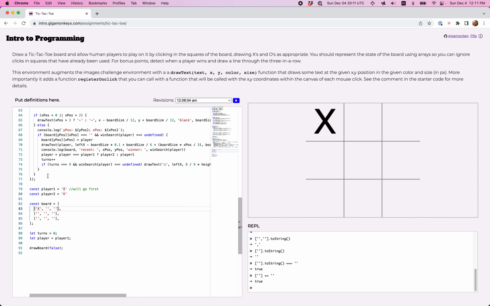If it starts out as an array of strings, it should stay an array of strings. Or if it's going to become an array of strings, it should start out as an array of strings. Sometimes you can get away with using null or something instead of empty string. But here, just make an array. Empty string represents an empty cell.